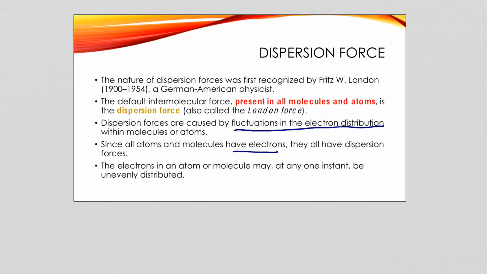Now, as we also talked about, these electrons are not static, they are moving. And every so often, they become unevenly distributed. It's just a statistical phenomenon. They're moving around within the orbital spaces, which are three-dimensional, and every so often, they will become unevenly distributed on one side or the other of the atom.